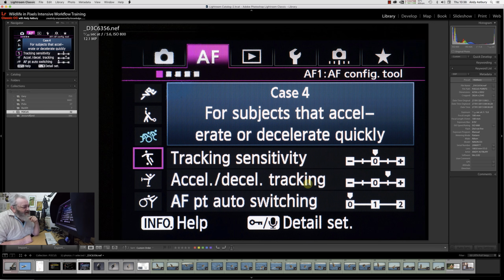We also have this third control, which is AF point auto switching. It's the one at the bottom. And you can see we've got 3 settings for that. Now, 0 is normal. It's not off, it's normal. 1 is faster and 2 is really fast.